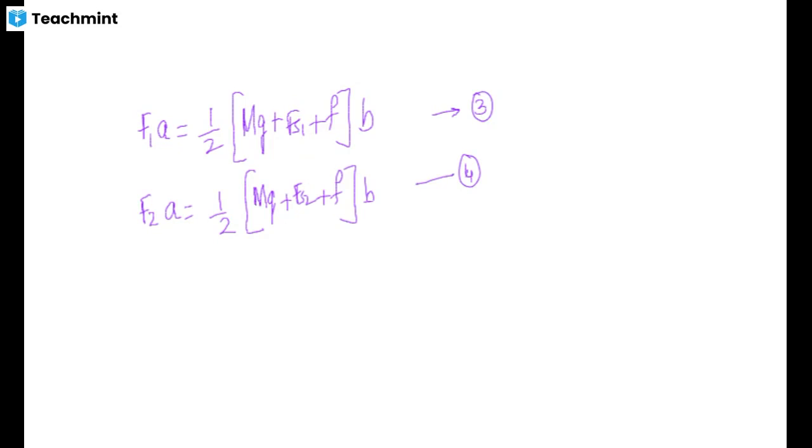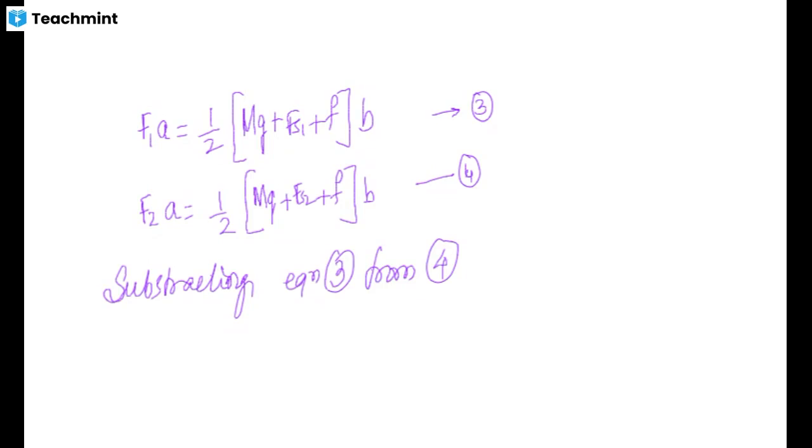Now, subtracting equation 3 from 4, let us note what we are going to get: F2 minus F1 into A equals 1 by 2 (Fs2 minus Fs1) into B. If you subtract, Mg cancels and F cancels, and you retain the term Fs2 minus Fs1.